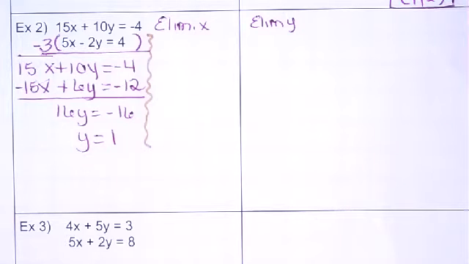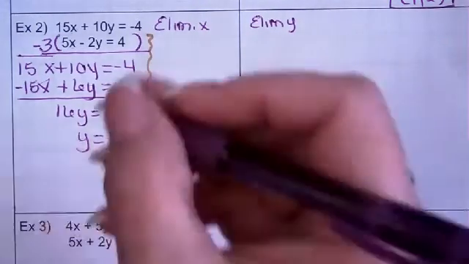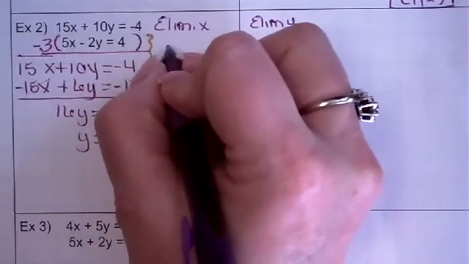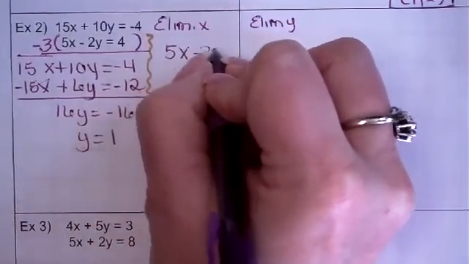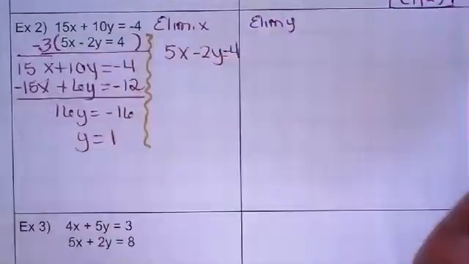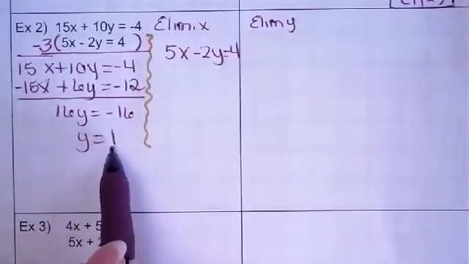I can use either equation to find x. I'm going to grab the second one only because all the numbers in it are single digits and not double digits. So those math facts I have in my head a little bit better. So I'm going to grab 5x minus 2y equal to 4. And I'm going to replace the y with a 1.